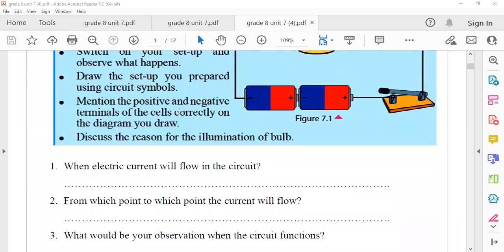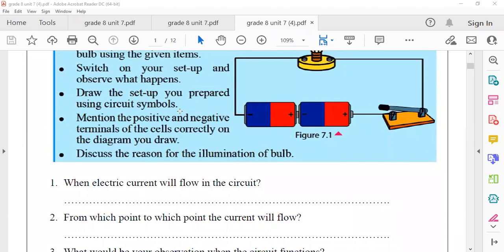My question is, when will electric current flow in the circuit? When the switch is closed. First question answered.